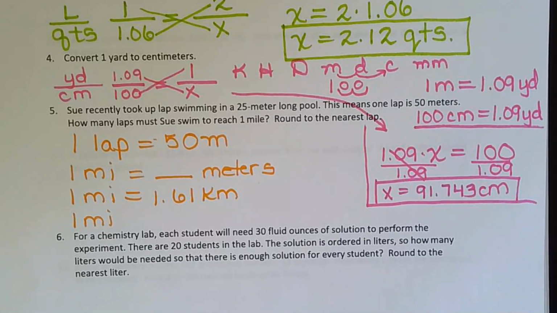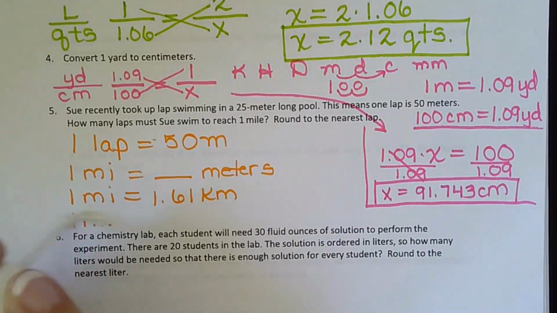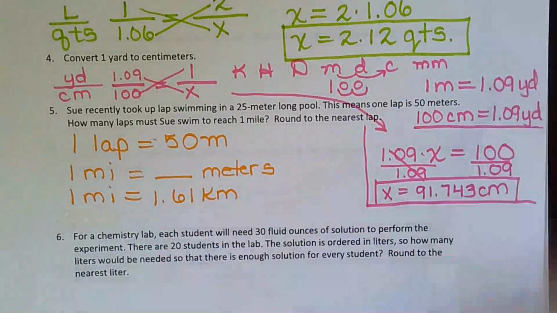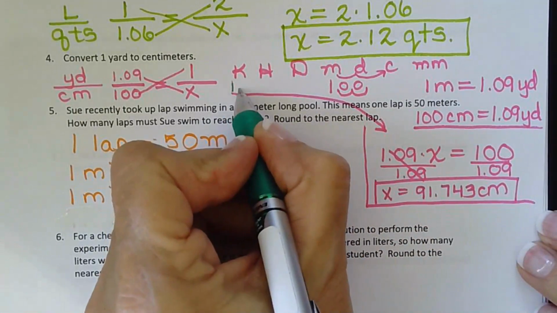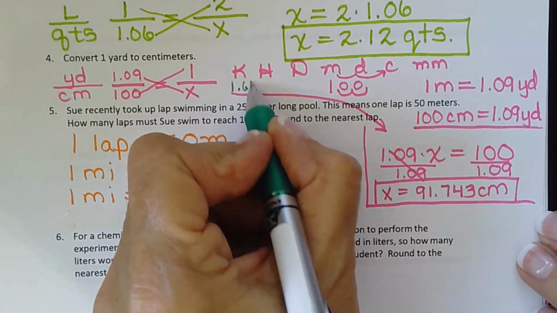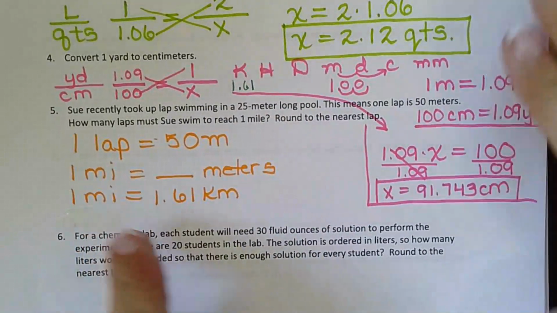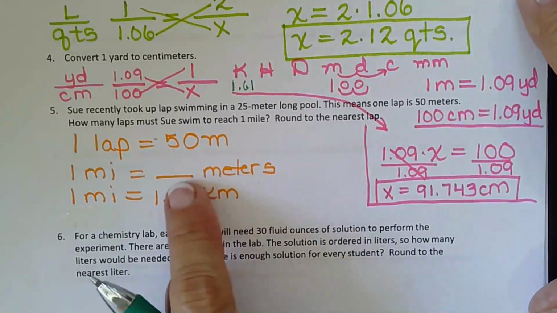So we need to change kilometers into meters. So we need to go back to King Henry up here. Maybe we can sneak this in. Let's see if we can. So right now we have 1.61 kilometers. And we need to change that into meters.